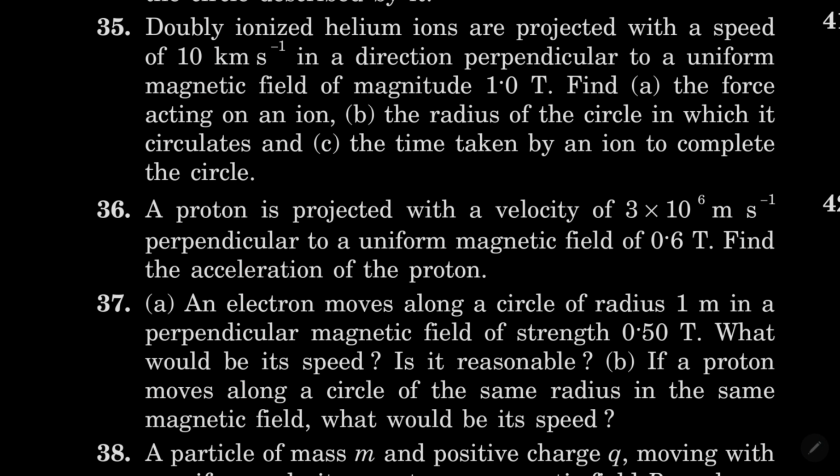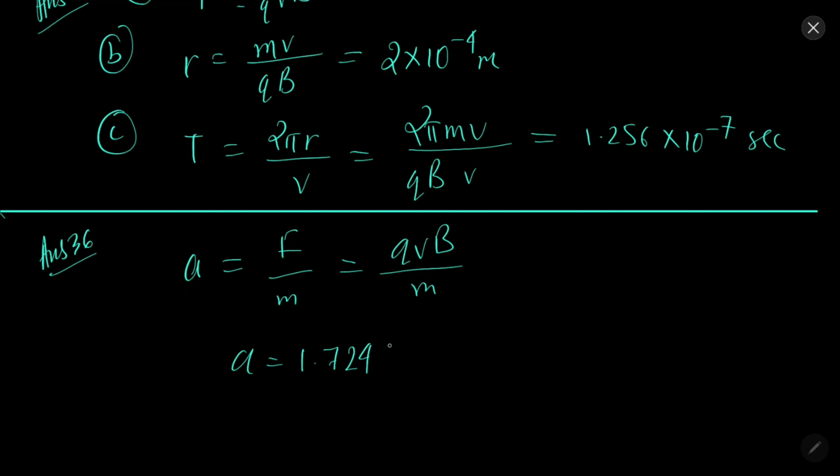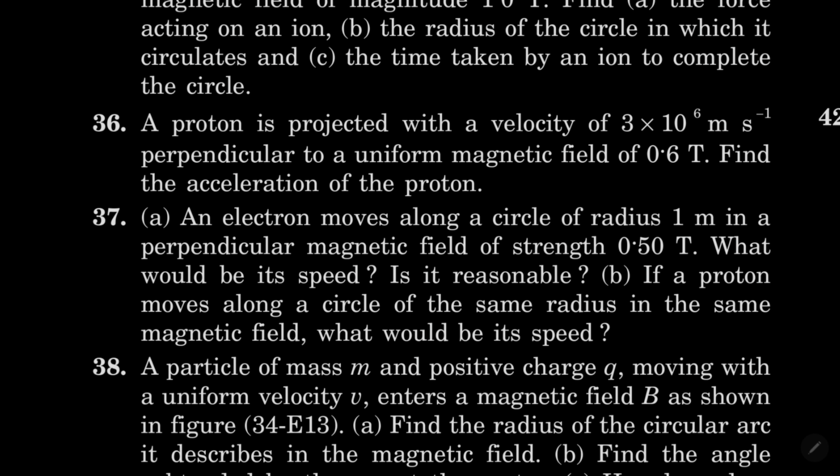In question 36, we need to find the acceleration of the proton. Solution 36. Acceleration is F by m, which is qvB by m. Putting in all the values, a will come out to be 1.724 into 10 to the power 4 meters per second square. In question 37, what would be the speed of the electron if it moves in a circle of the same radius as the proton?